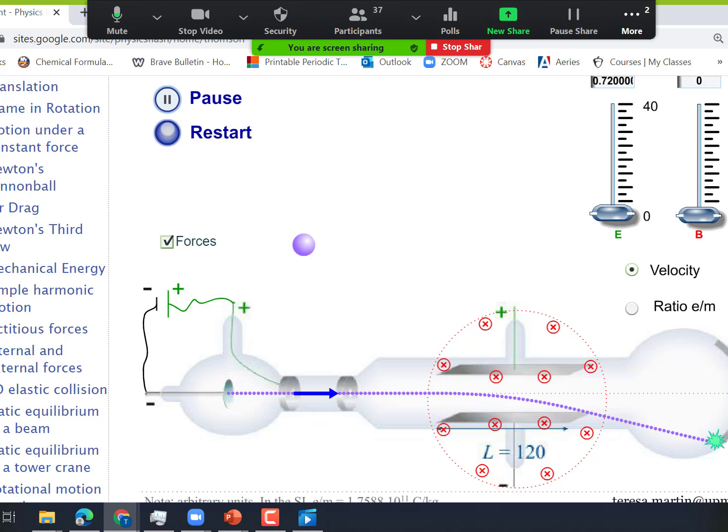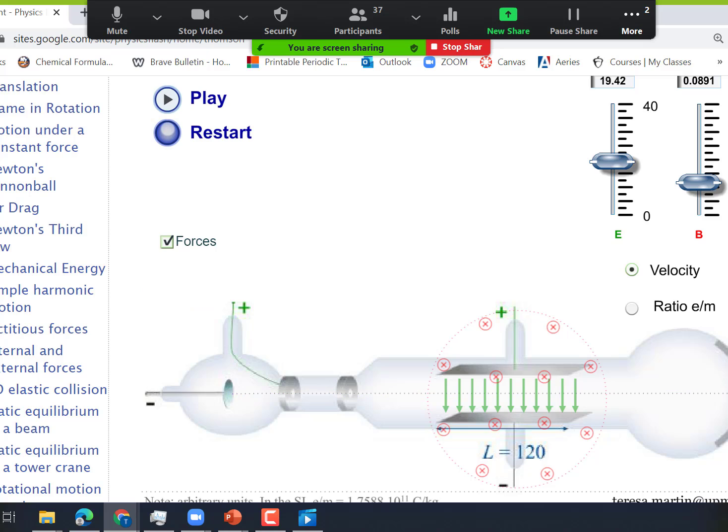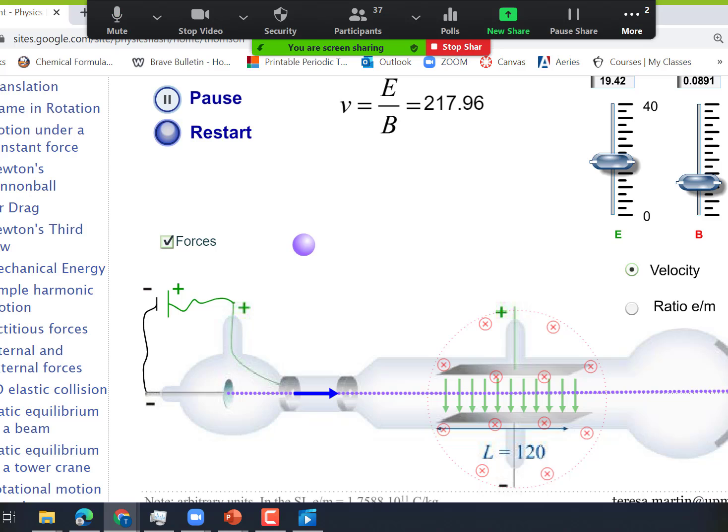So by turning the electricity up, it turns up. Now if I turn the magnetism up at the same time, I can straighten it out some if I do it just right. I can get the two to cancel each other out. And that's how, by adjusting the electricity against the magnetism, he got something constant.